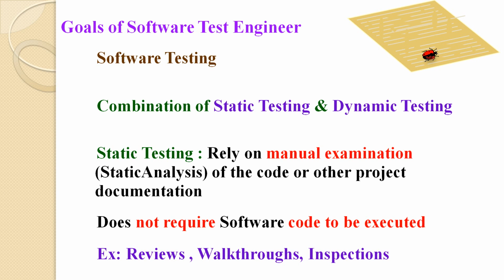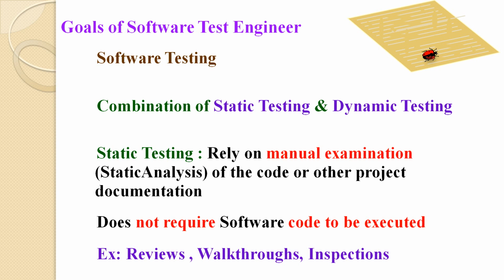If software developers are there, then they will do this manual examination on code as well as on the project documentation. As a software test engineer, you have to do static testing only on the project documentation. So static testing relies on manual examination of the code or other project documentation.